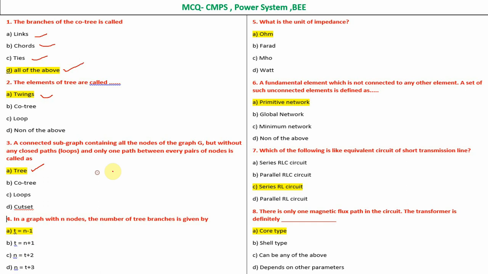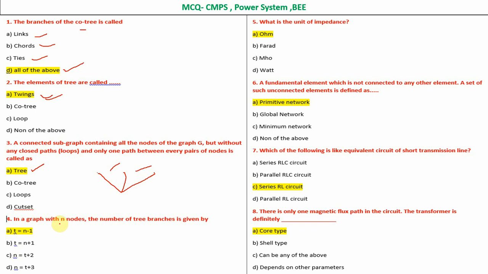I just explained that. So in the tree all the nodes are present, but loops are not present. That is called the tree. The elements of the tree are called twigs, and the elements that are absent from the tree form the cotree, and the elements of the cotree are called links, chords, ties.